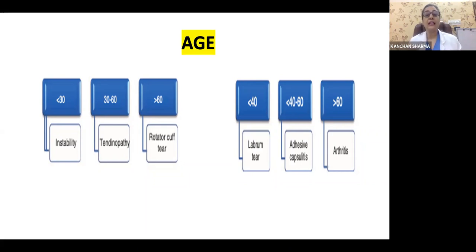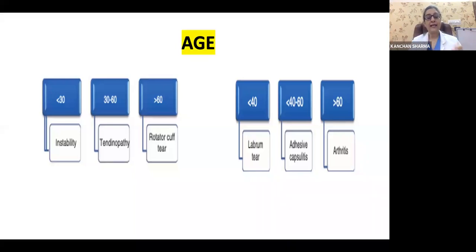So when we say tenosynovitis, we do not say tendinitis nowadays, we say tenosynovitis. Tenosynovitis means the tendon which has a sheath, and you have an accumulation of fluid between the visceral and the parietal layer. So that is your tenosynovitis, meaning tendon synovial inflammation.